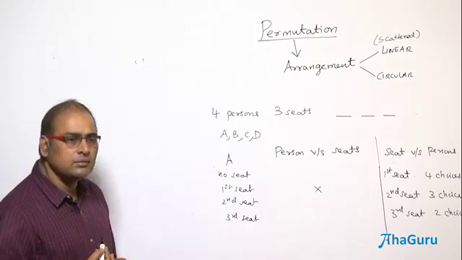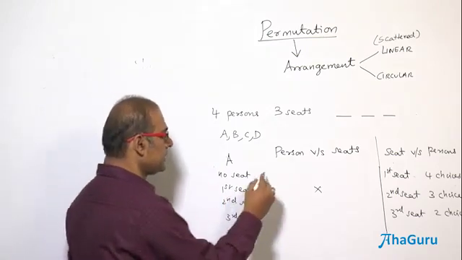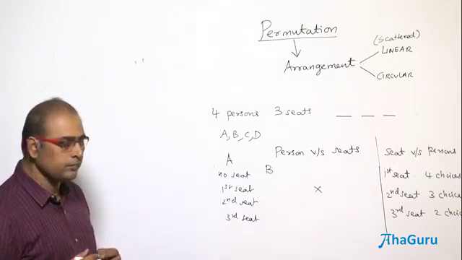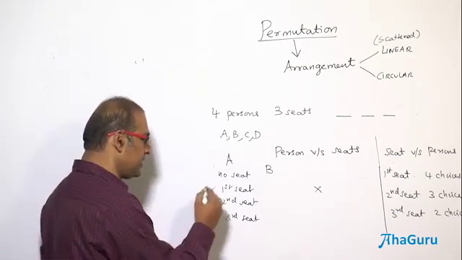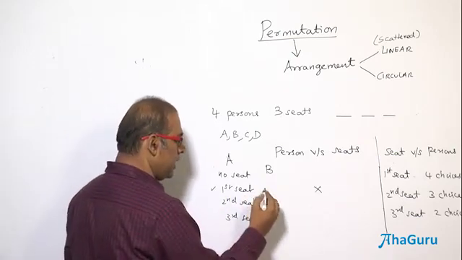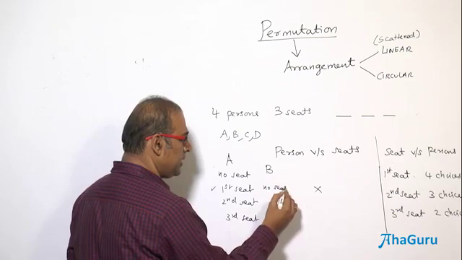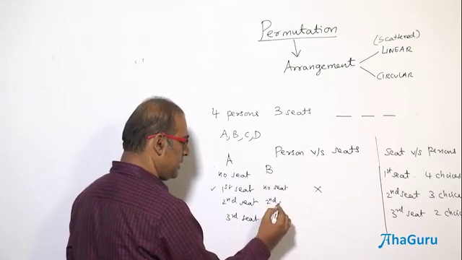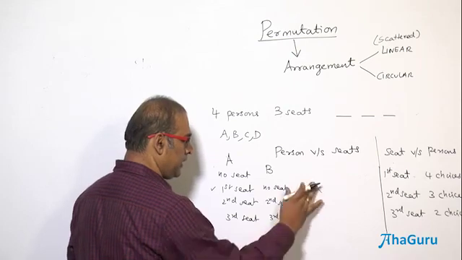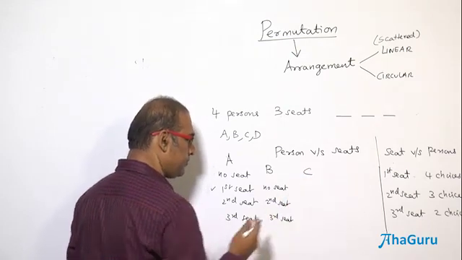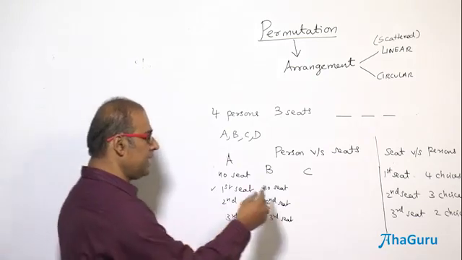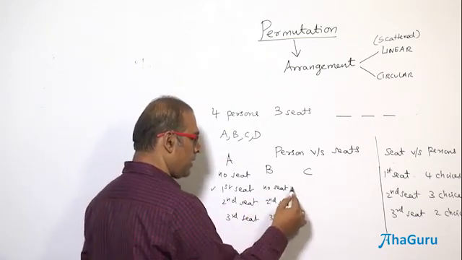So A is going to take any of these. Okay, then B comes. So if the first seat is taken, then no seat or second seat or third seat. Okay, then C. So whatever he is taking, then he is going to take the rest.